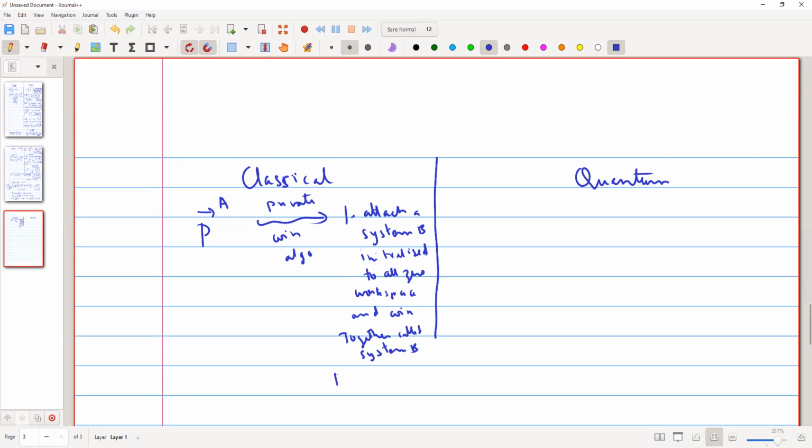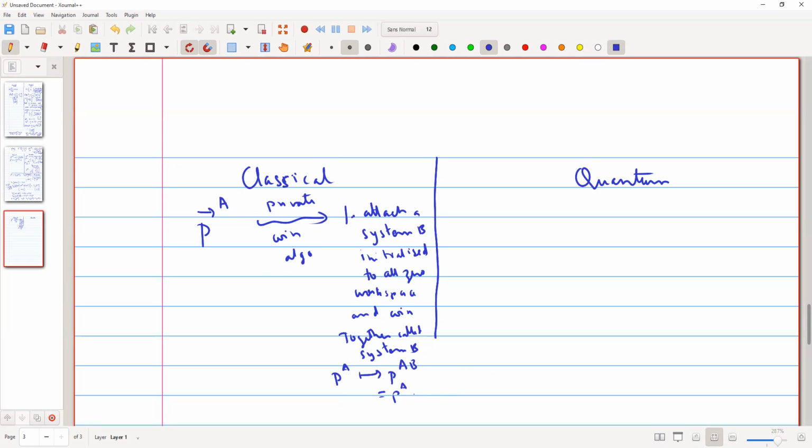So what happened? PA became some PAB, which is PA times, so it may not be a tensor product, no, it is a product distribution.